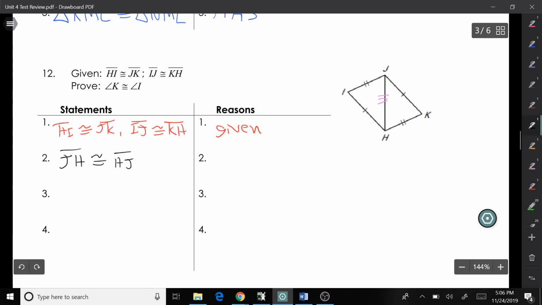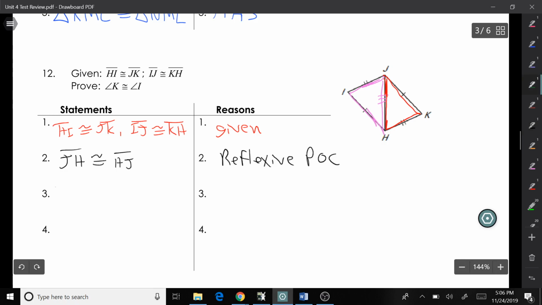And the reason they're switched is because in the triangle over here on the left, the angle J is formed by the side with 2 and 3 tick marks on the sides. And in the left triangle, the angle that is formed with the sides of 2 marks and 3 marks is H. So that is why they're switched. And that is going to be the reflexive property of congruence.